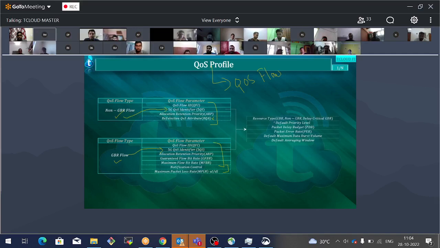So the 5QI is a combination of, among other things, its default priority level. The default priority level is different for different services, as I have shown you in the tables. For voice it is 20, for video it is 40, etc. Those are the default priority values. The lower the priority value, the more possibility for you to be scheduled immediately when you are fighting with others.